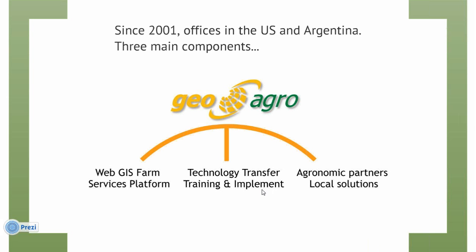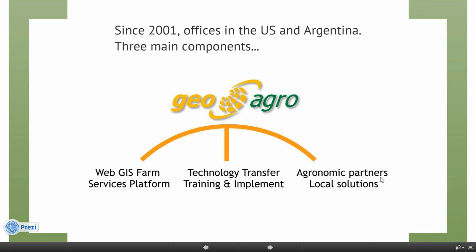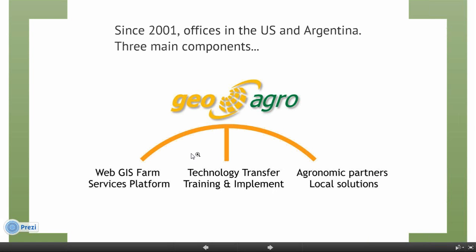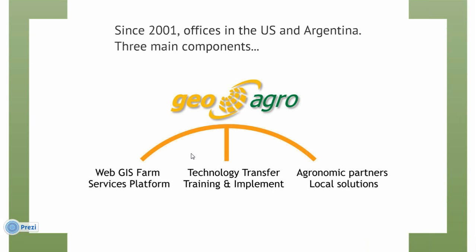We'll show how this comes together in different uses in the third session of this training. And of course, agronomic partners or local solutions are key to us. Wherever we're providing this service, we have an agronomic partner who is localizing all these tools and information to make it understandable and applicable for the local conditions.